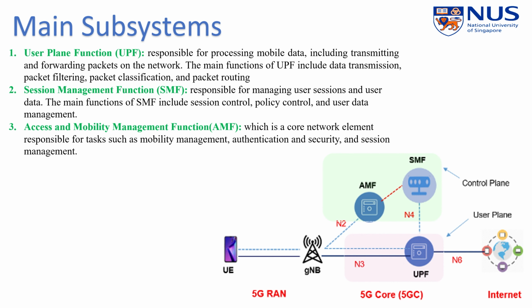And the last one would be the access and mobility management function, which is a core network element responsible for tasks such as mobility management and other session management. This picture stands for the main subsystems of the 5G core network.